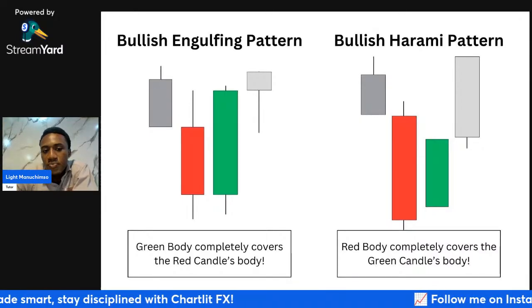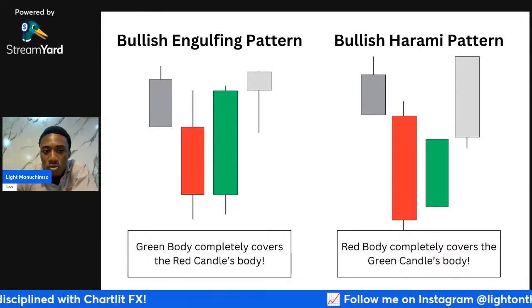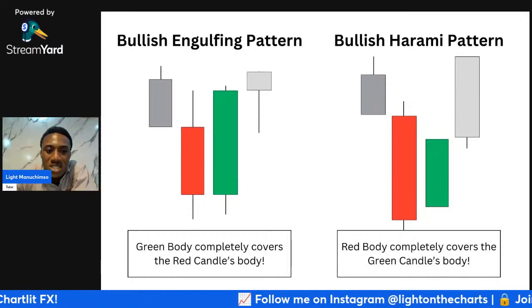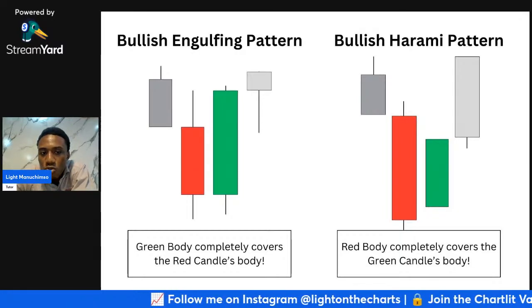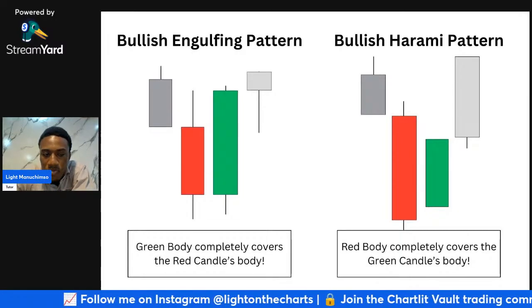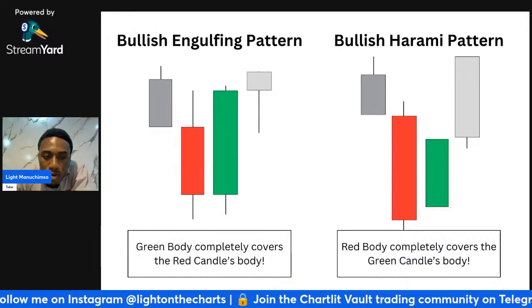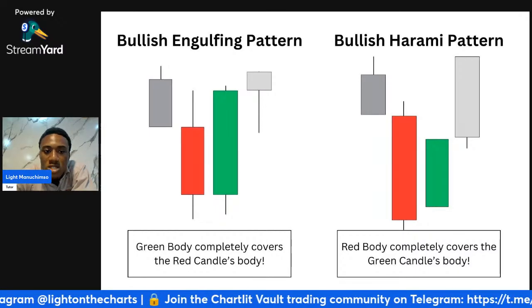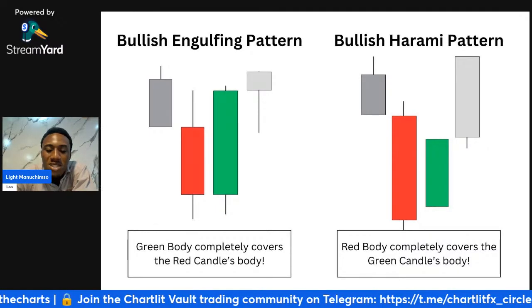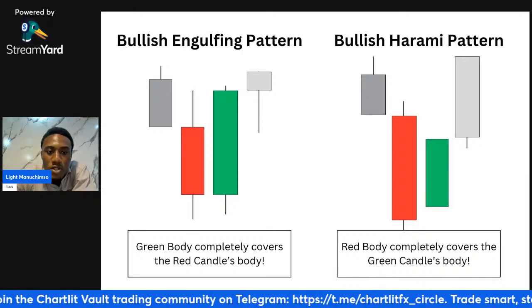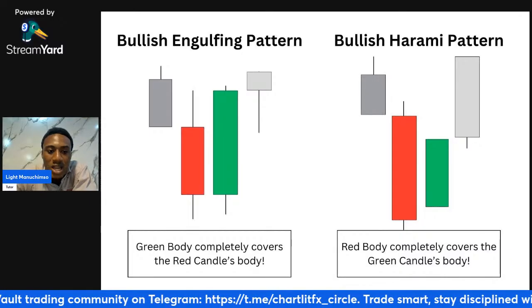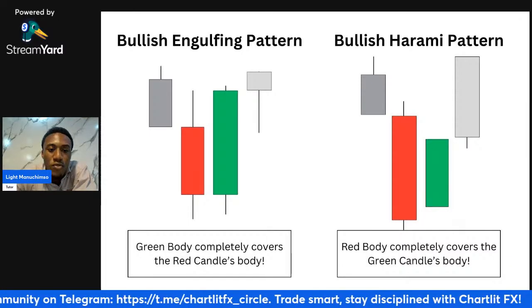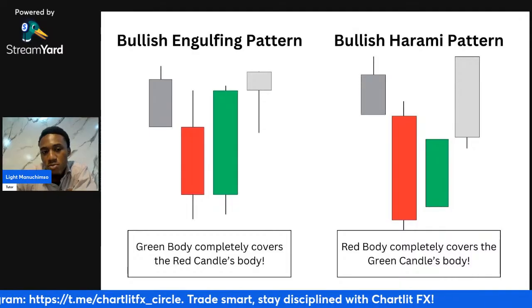So now you can see the bullish engulfing. The name engulfing means it's engulfing this other candle, this bearish candle right here. The momentum of the bullish candle is engulfing this bearish candle, which means it's closing above it. It's opening slightly above the open of this previous bearish candle.